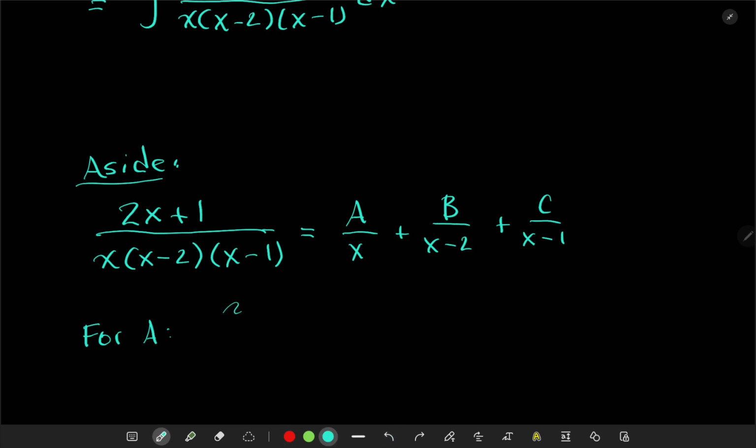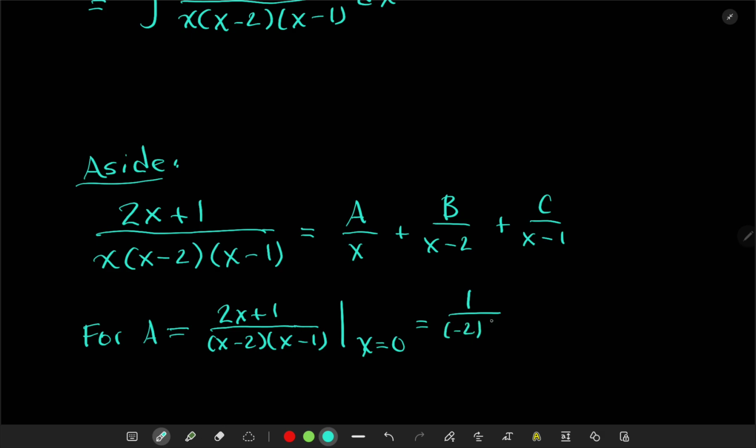So I should write a equals that. I'm going to ignore that x, and copy everything else from my expression on the left hand side, 2x plus 1 over x minus 2 times x minus 1. And I'm going to evaluate this at x equals 0, the number that makes the x equal to 0. So I evaluate it at 0, and I get 1 over 0 minus 2, negative 2, times 0 minus 1, negative 1, so I get 1/2.